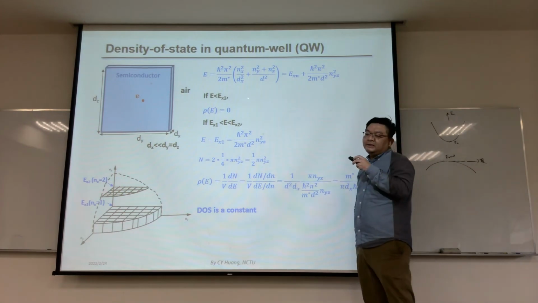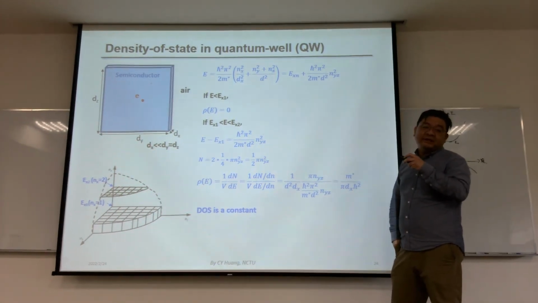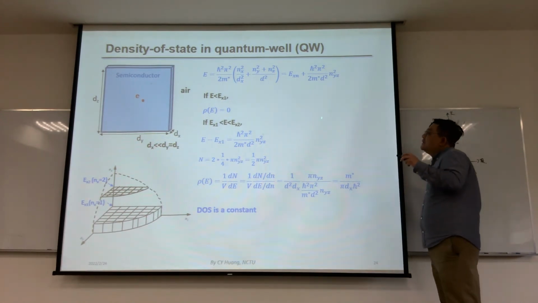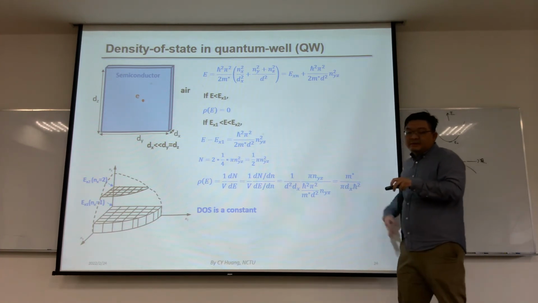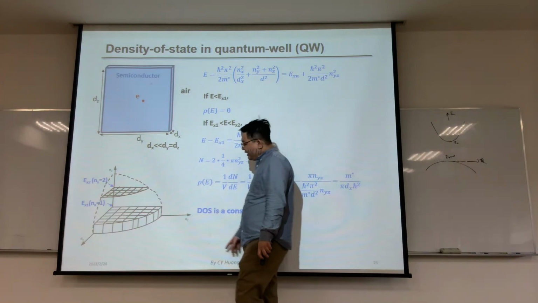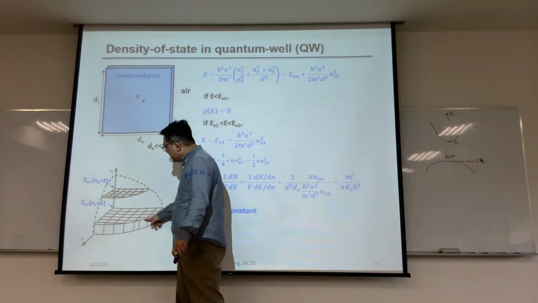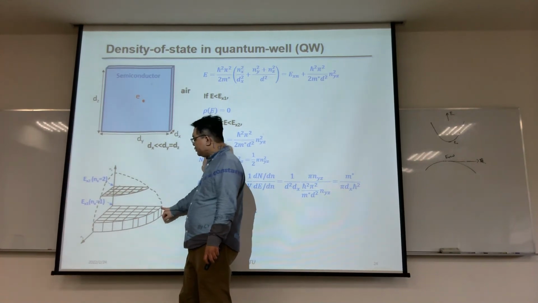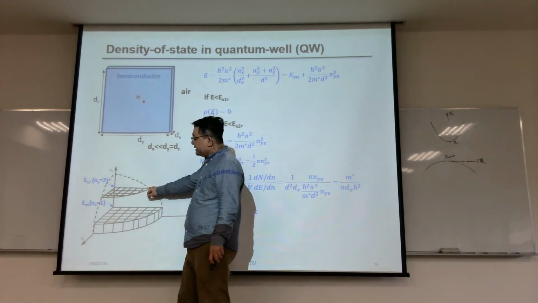Because the dimension in x is very different from the other two, you need to pull this out and do the states layer by layer. So you have a much denser grid at the nx equal to 1 plane, and nx equal to 2 is another plane.